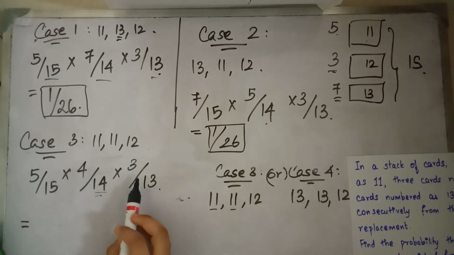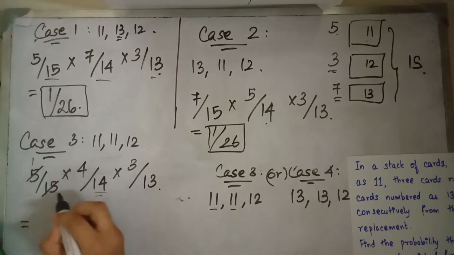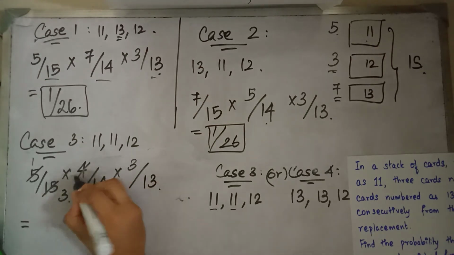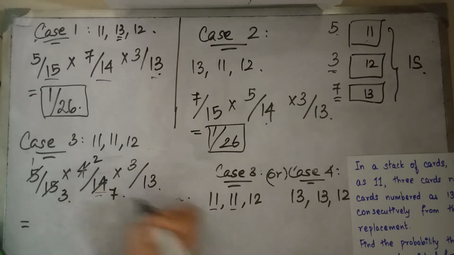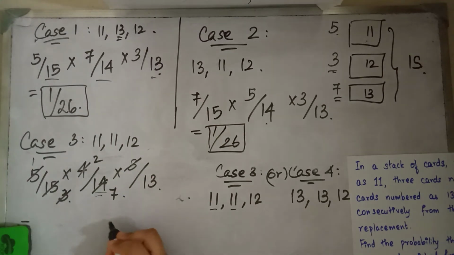So we have to find out the answer for this. 1 by 3. This would be 2 by 7. 3 will get cancelled. So we have 2 divided by 13 into 7. I'll calculate this and tell you.